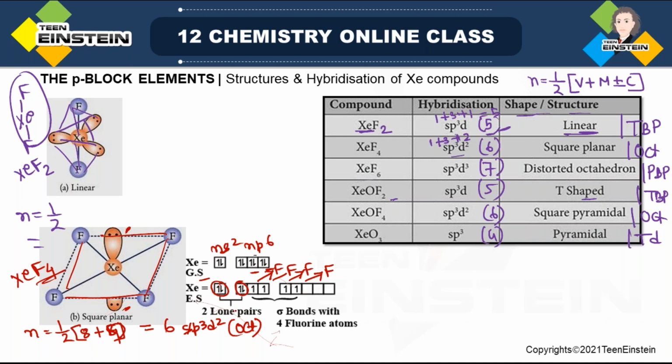So see, one s, three p, two d. This is sp3d2 hybridization. So you can follow either method: apply this formula, or write the electronic configuration in excited state and then find out how many lone pairs there will be and what the hybridization is. So here square planar is the shape, but actually geometry is octahedral.